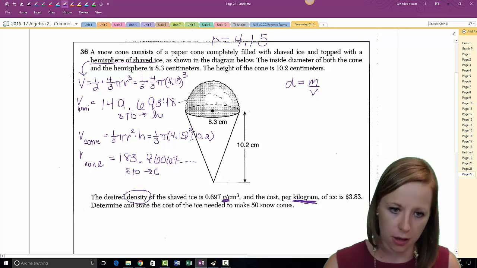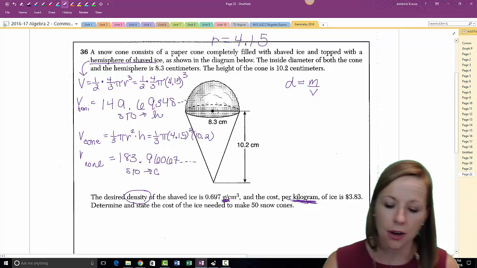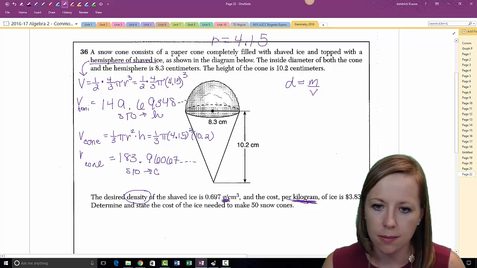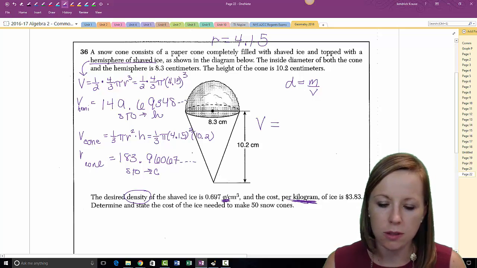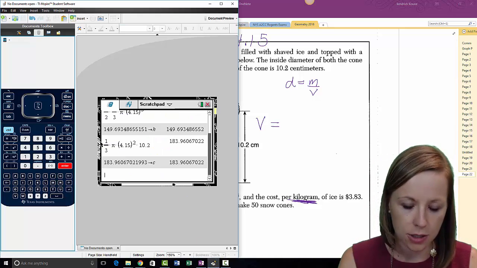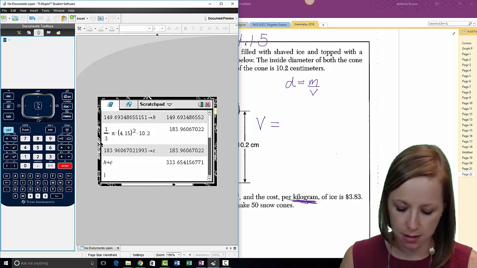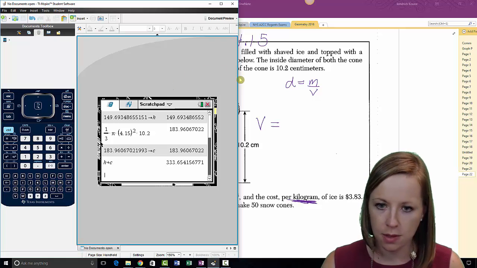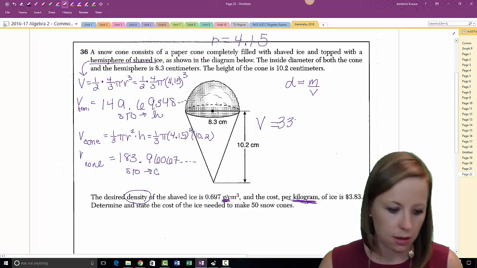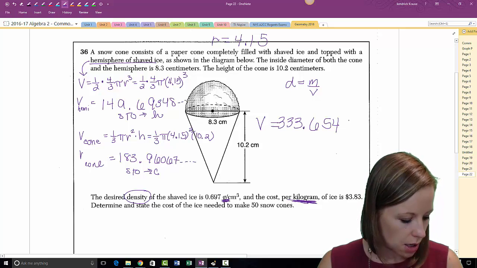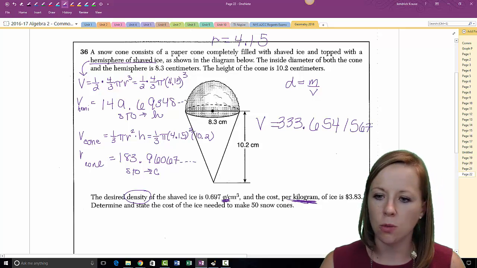Okay, so my total volume is those two things added together. Remember, I showed you on the calculator that you can do that. Volume equals, I stored them both, H plus C, 333.654156771.